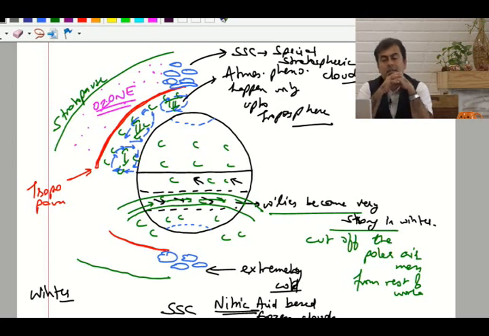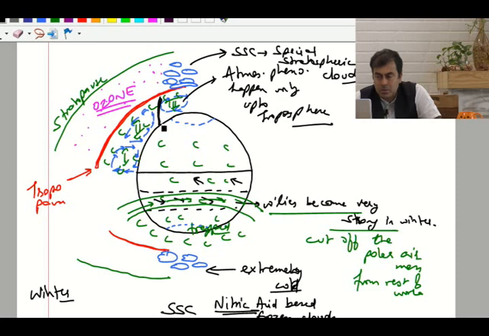In the winters, what is happening? These are trapped. Chlorofluorocarbons are trapped. Why are they trapped? Because the tricellular air circulation is stopped, because of very, very strong winds. If you remember, a polar front is created in between these two.